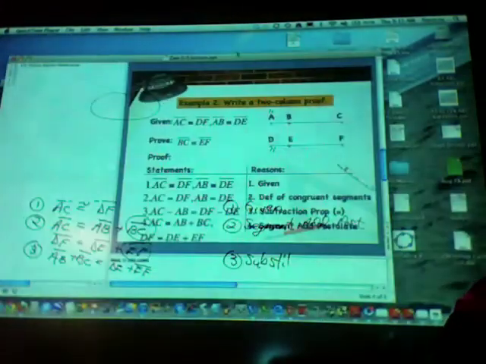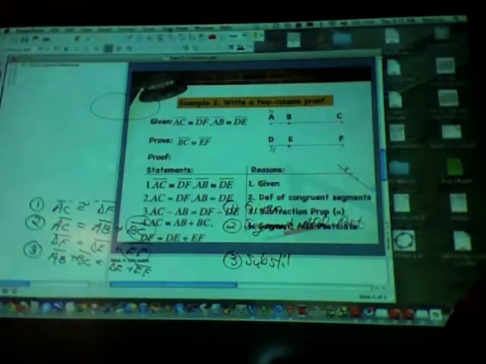Let's continue where we left off. I might have to start all over again. Oh yeah. Let's see if I can go down here. What slide was that one? Is that slide 3? Is that the third one? I think it might be the fourth one. 1, 2, I think it's 3.